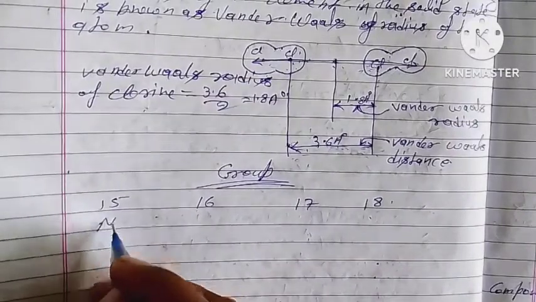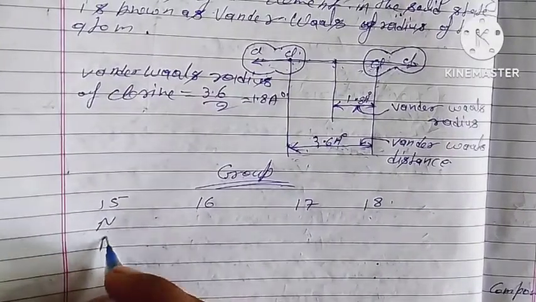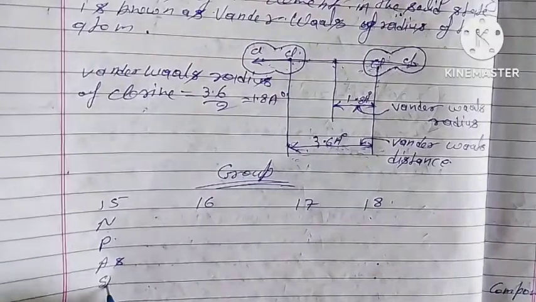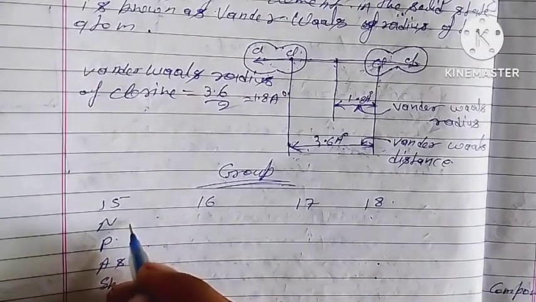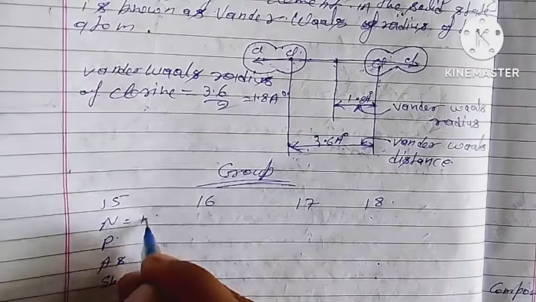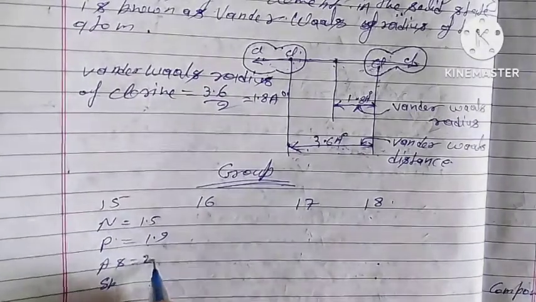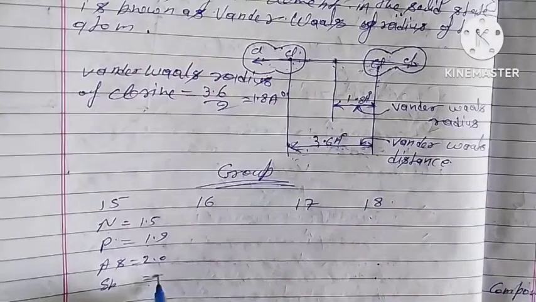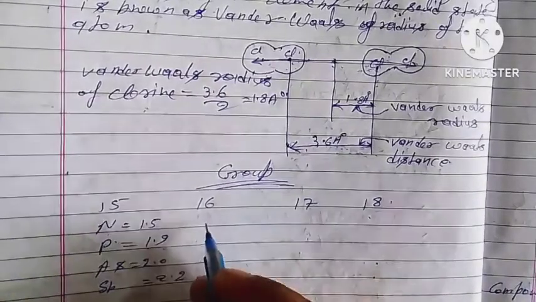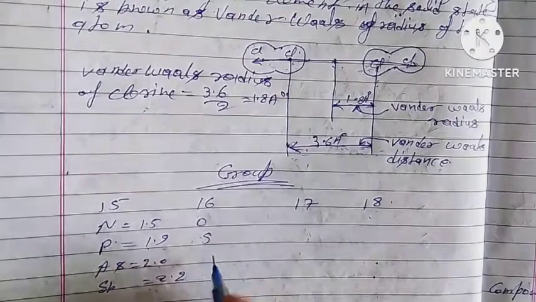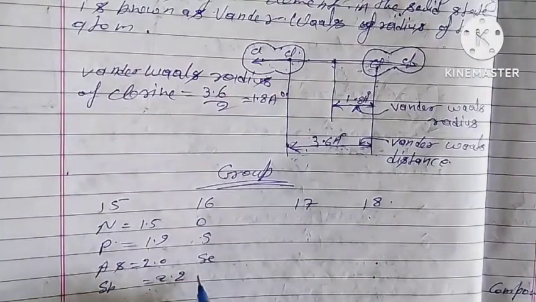Group 15: nitrogen, phosphorus, arsenic, antimony, bismuth. The Van der Waals radii are 1.5, 1.9, 2.0, 2.2.